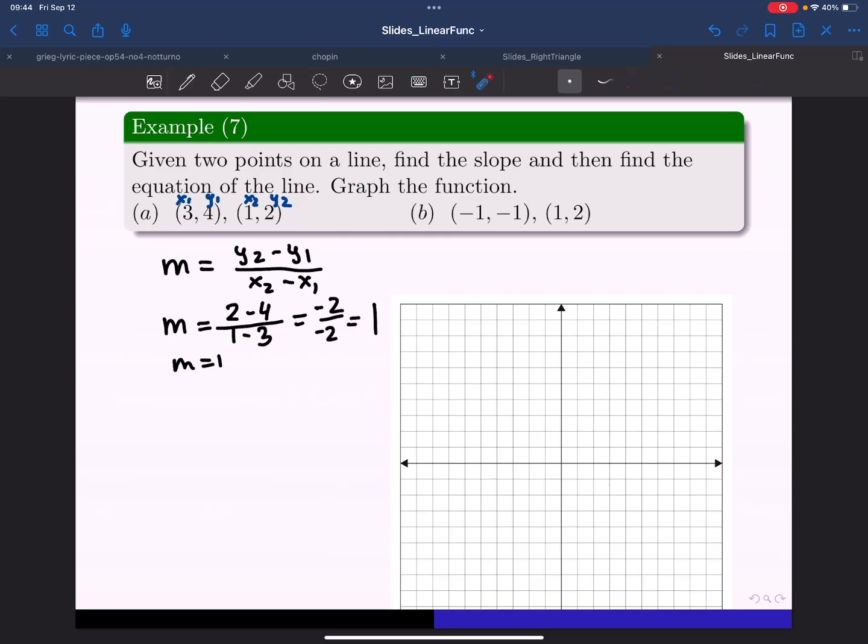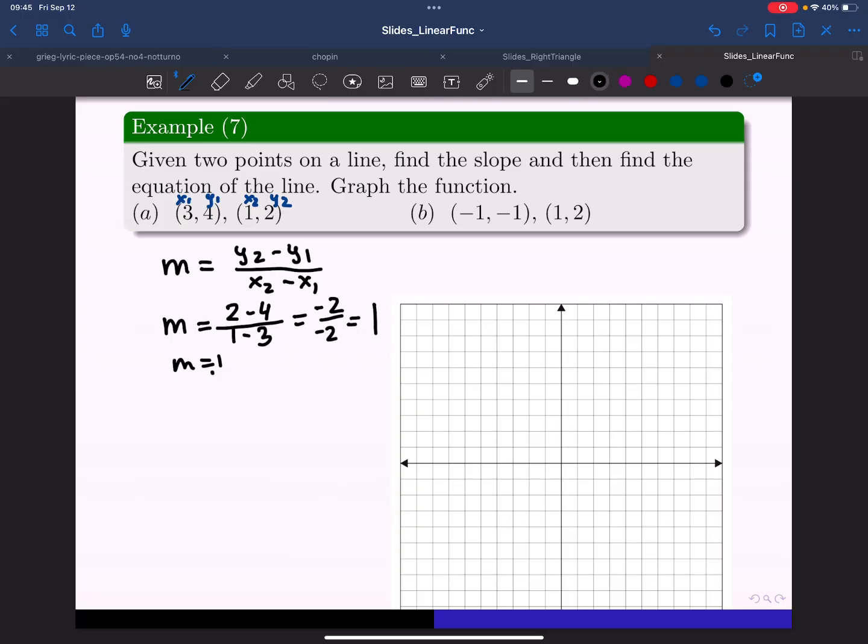Now to find the equation of the line, we use what we just did before. We're gonna use the slope and one of the points. We can choose either one, and both of them would give us the same equation.